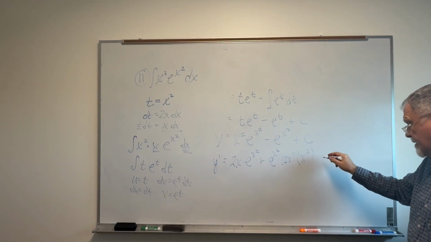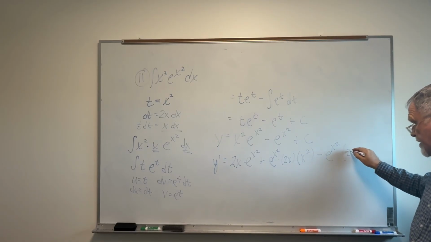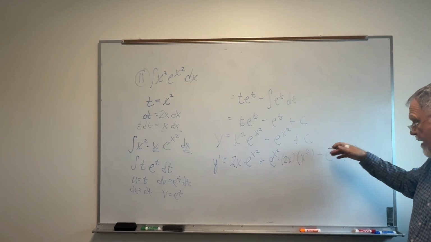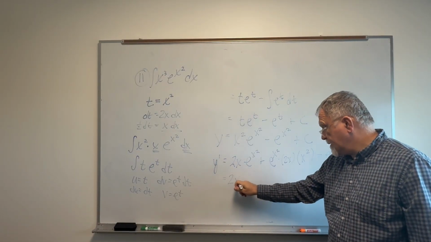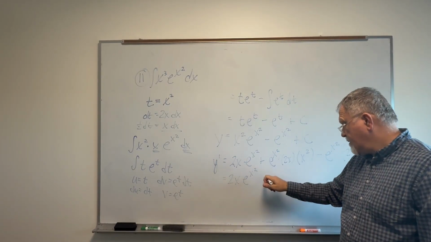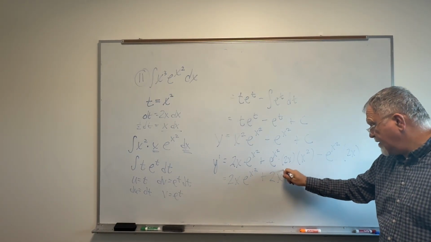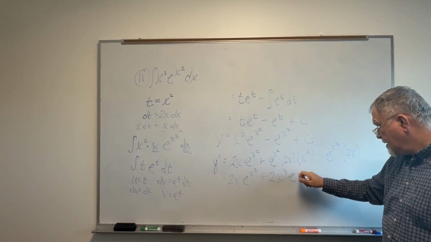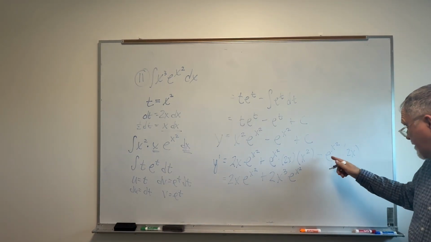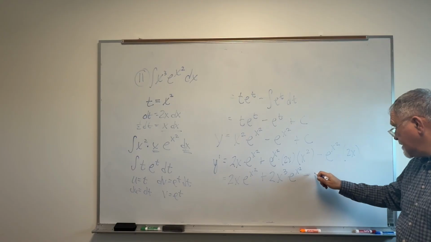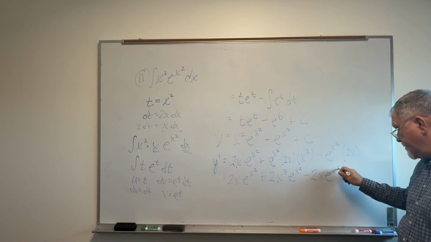The derivative of this is just e to the x squared times the derivative of the x one, which is 2x. And the derivative of the constant, of course, is 0. So I've got 2x e to the x squared plus, what do we get here? 2x cubed e to the x squared minus 2x e to the x squared.